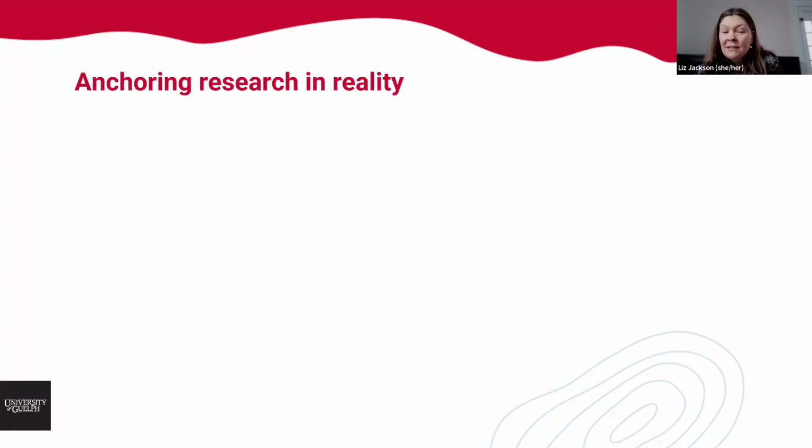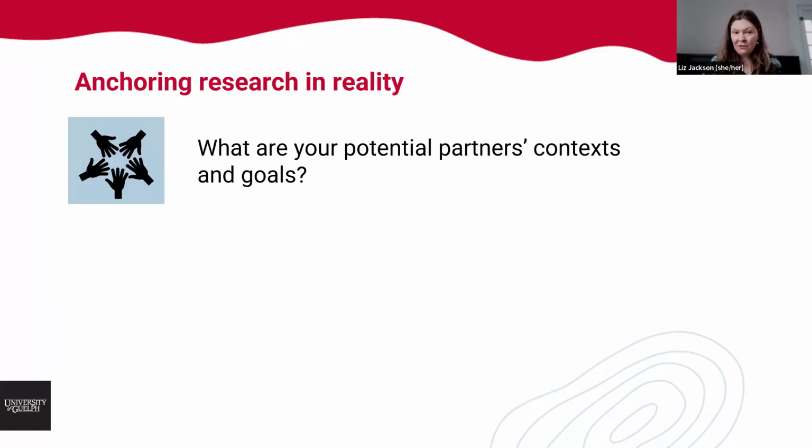So now we're just going to continue our discussion of meaningful engagement for impact. So I've said some of this stuff before. I'm going to repeat myself. If your goal is meaningful engagement, it's really important to get a better understanding of your collaborators or potential collaborators and knowledge users' contexts before you reach out to them.